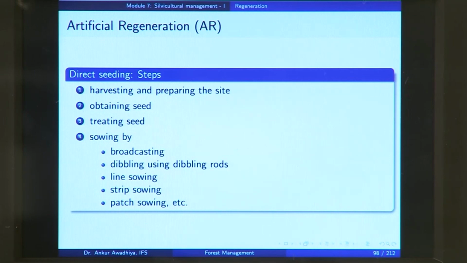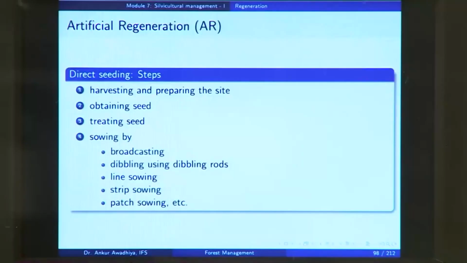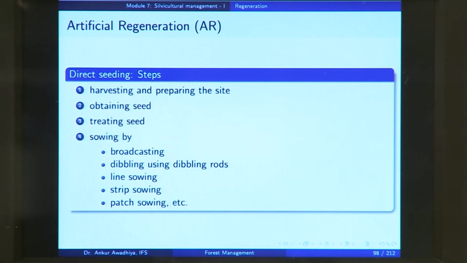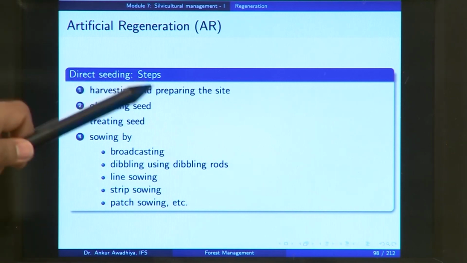If you put seeds on a hard ground, probably they will not be able to germinate or establish themselves. So, in this case you can go for things like ploughing. You can till the soil, you can plough the soil, so that it becomes a bit more pervious and your seeds are able to reach inside easily. You might even have to add some nutrients in the form of fertilizers or manures. So, that is harvesting and preparing the site.